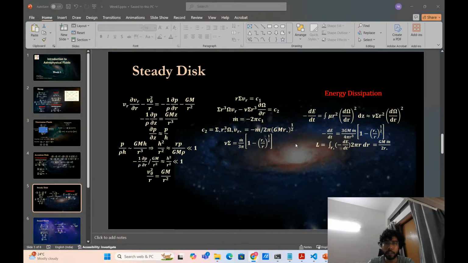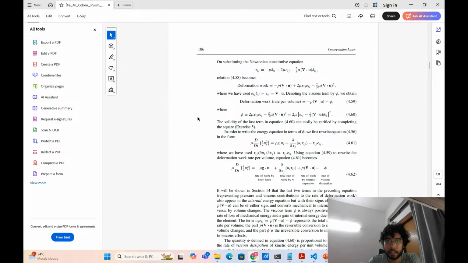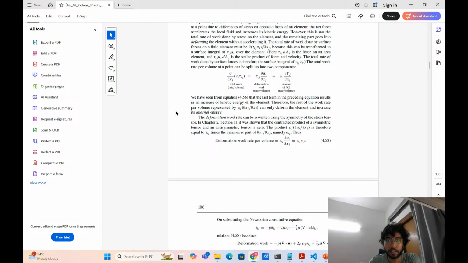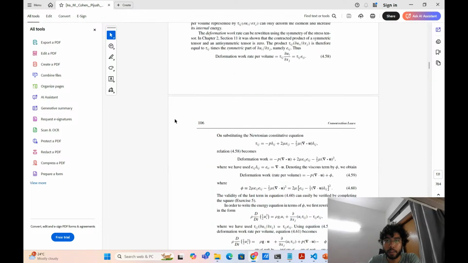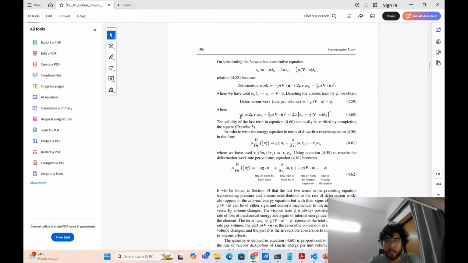So there is a short derivation that was done in this book, which I have in the reference. So this is the book by Kundu and Cohen, which states that the work done by the viscous force, or if you see this term phi, this is the rate of viscous dissipation.